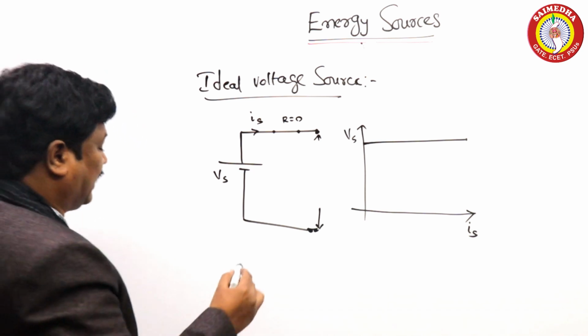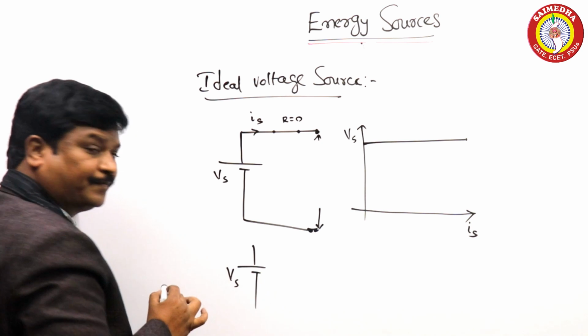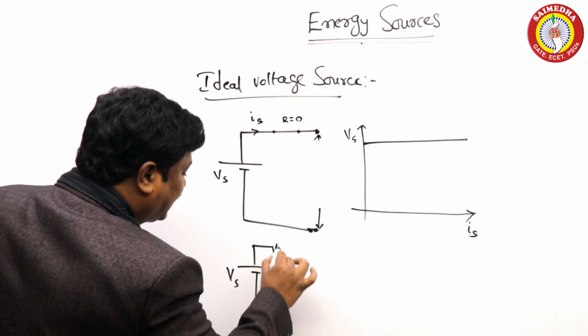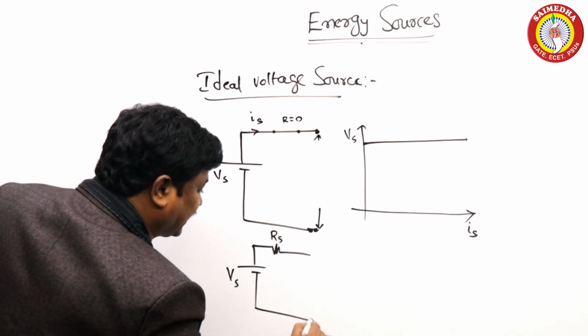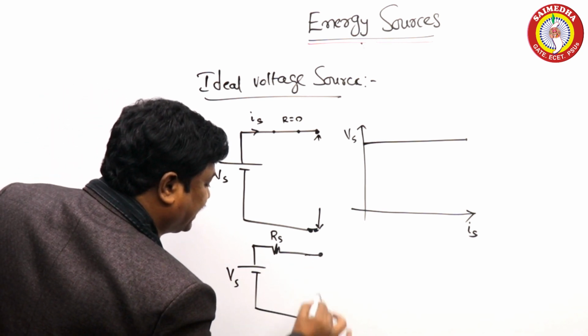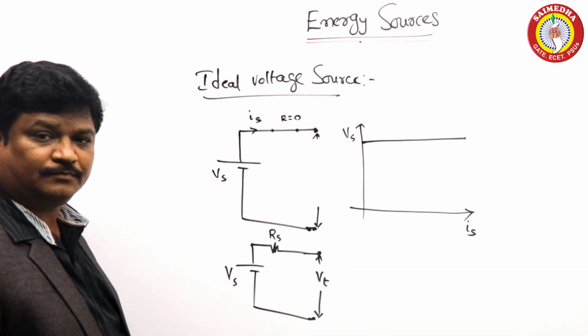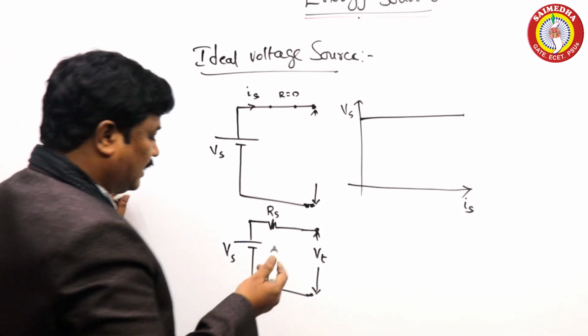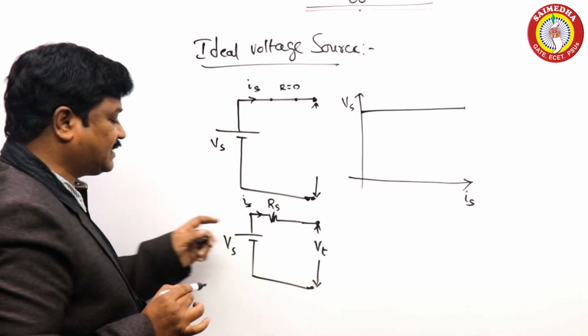If you take a practical voltage source, this is the voltage Vs. We have an internal resistance of Rs, and this is the terminal voltage Vt that we take here. When the current Is increases, what is the effect?